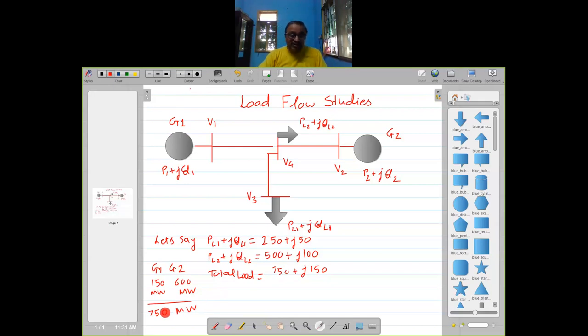Some of you might think yes, it is okay. But let me tell you that you are forgetting one thing when you say that this 750 megawatt load and 750 megawatt generation would balance each other, and therefore it is perfectly fine. Friends, you are forgetting that there are transmission lines here, here and here, and the transmission line also has some resistance.